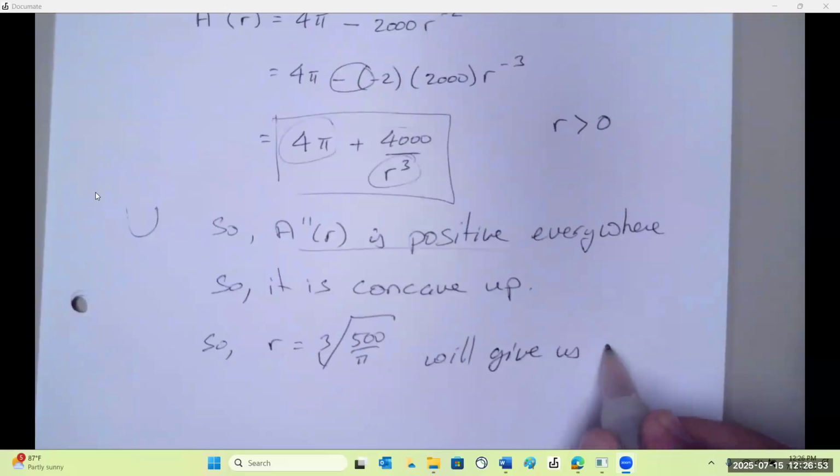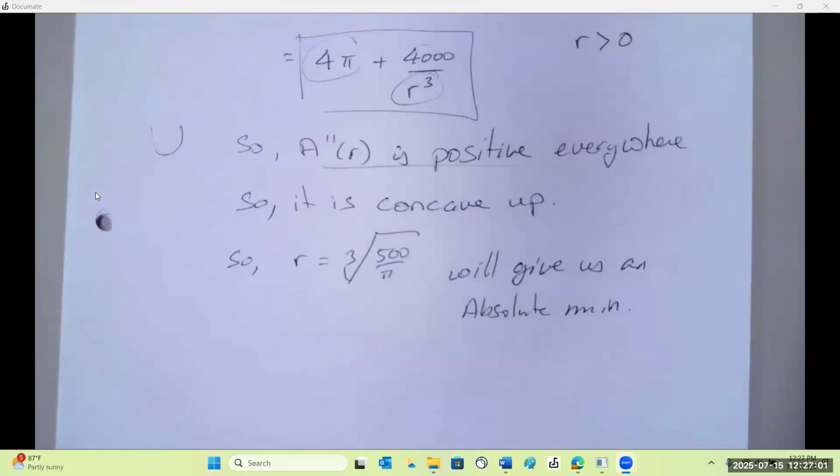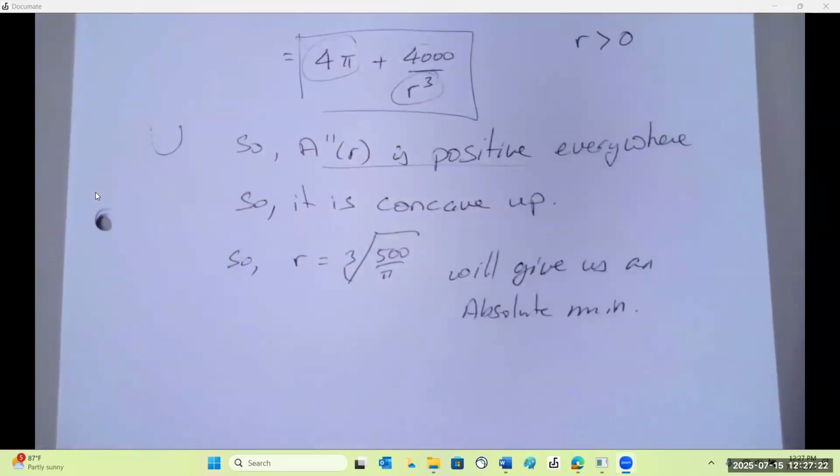Will give us an absolute minimum, because it's everywhere positive, so that's our only extrema point. So, partial good.